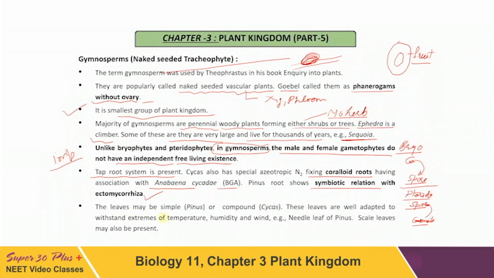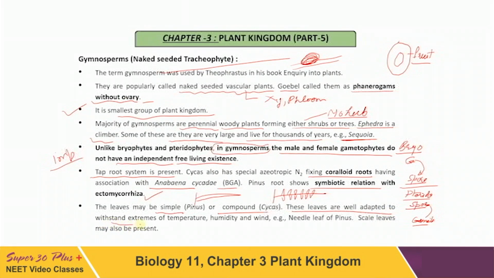The leaf in case of gymnosperms, for example in case of Pinus, is simple like this, while in case of Cycas, the leaf is compound, that is the pinna is divisible into leaflets, or small pinna. The leaves may be simple or it may be compound. And a very important point is this, that the leaves of the gymnosperm are well adapted.